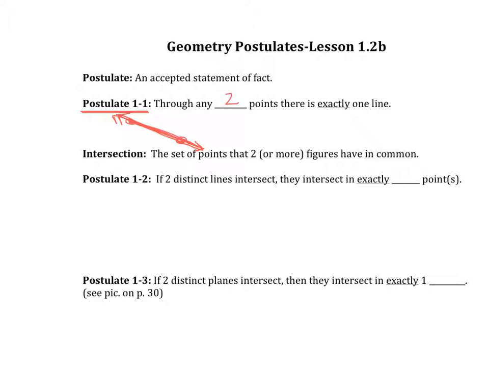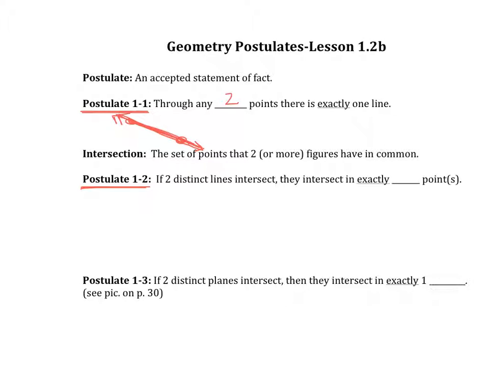Points, lines, planes. How do they intersect? Okay. So postulate 1-2 says if 2 distinct lines, so 2 separate lines, intersect, they're going to intersect in exactly blank point or points. What do you think that is?